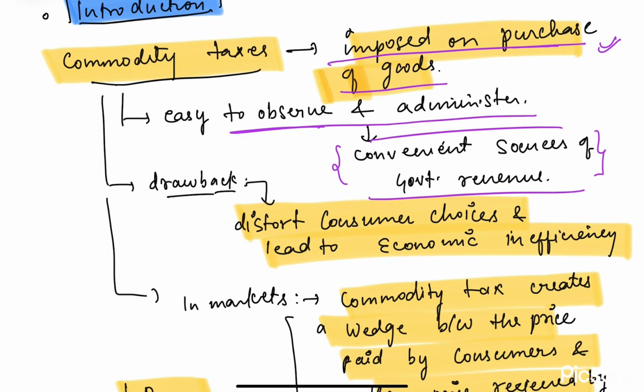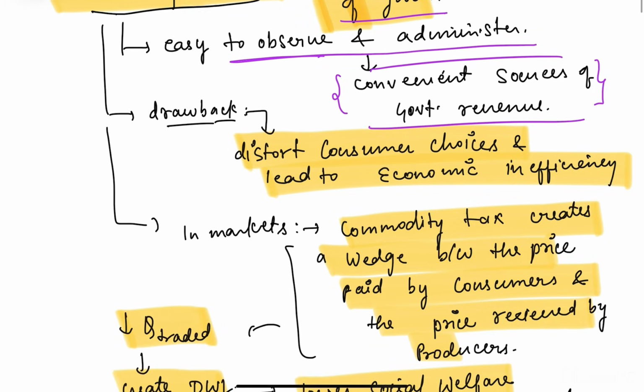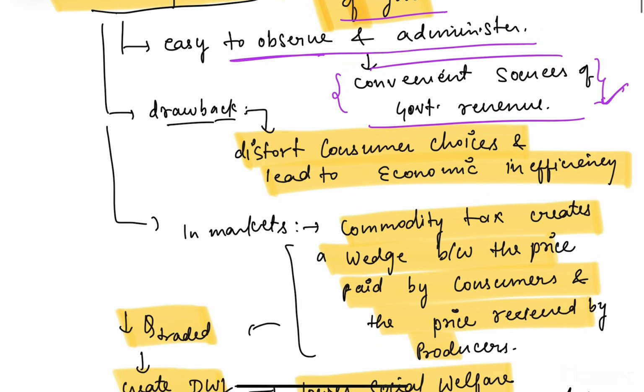But with commodity taxes, because we are buying goods and doing the expenditure, it is visible. The government can observe or keep records of purchases. That's why it is a more convenient source of government revenue, and that adds to its value, like why we are concerned so much about commodity taxes.